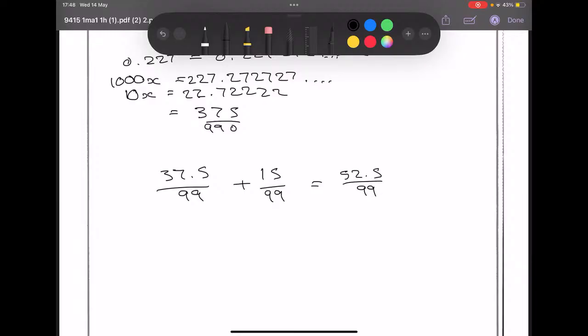Now to get this as a fraction over 66, we would divide this and get 25 over 66, where m equals 25.